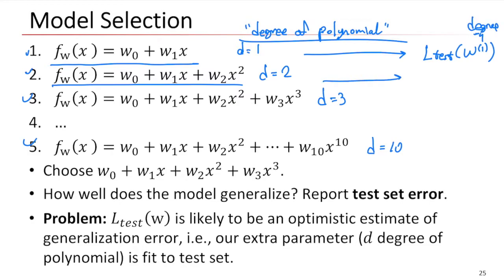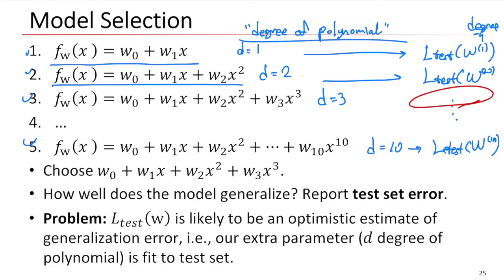In the current case, L test W2, right? And in this case, L test W10. And then just choose the minimum test error to determine which parameter set, or which mapping function, is the best.